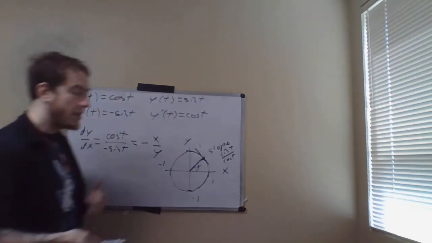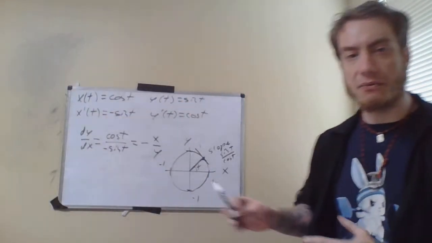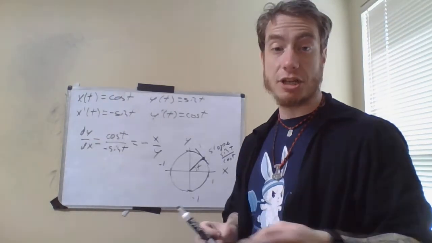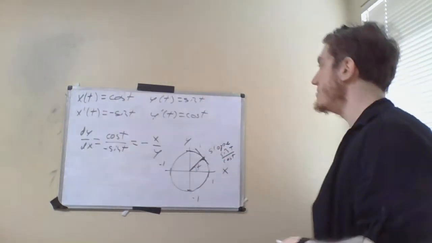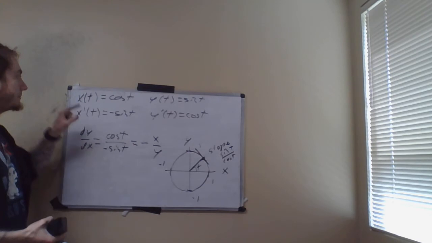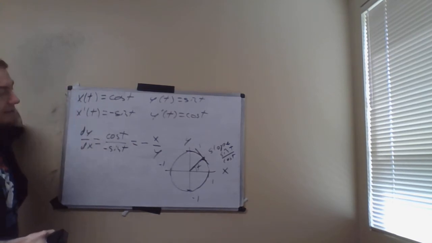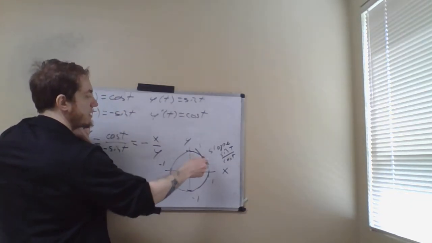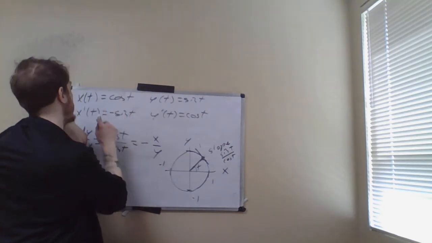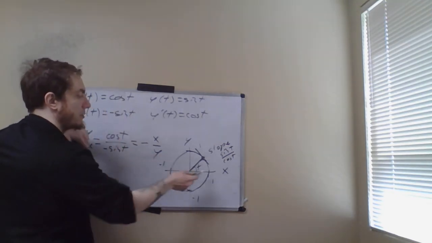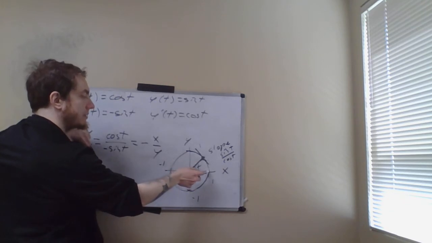All right, so that was kind of a minor aside from just directly working with the parametric equations, but I figure it's worth taking a minute to say why that is true. In fact, you can go beyond this and think about how this thing is moving. At any given point here, if I have x of t equals cosine t and x prime of t equals negative sine t, then the rate at which I'm moving is 1.